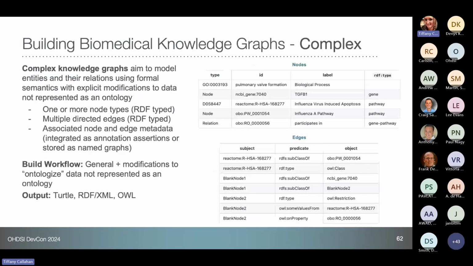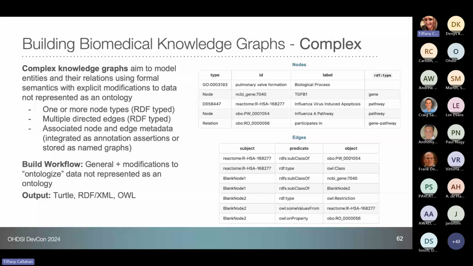The final type of graph is a complex graph, which aims to model entities and their relations using formal semantics with explicit modifications to data not represented as an ontology. So it has one or more node types and multiple directed edges, and these are all specifically RDF typed, and it will have associated node and edge metadata, which are integrated into the graph structure as annotation assertions or stored as named graphs.